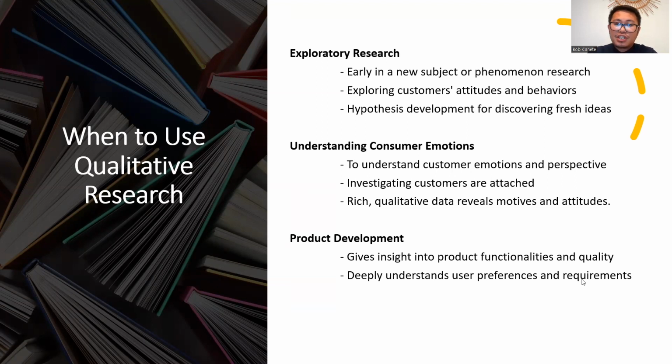It also investigates customers that are attached to a certain set of products. This method's rich qualitative data reveals motives and attitudes. And this qualitative research also gives us insight into the functionalities and quality of products. It deeply understands user preferences and requirements.